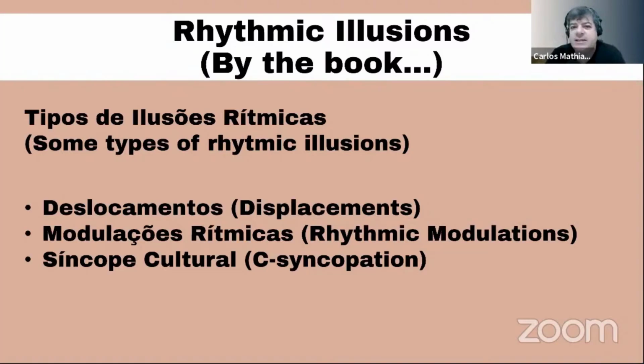There is a third type of rhythmic illusion that I'm bringing to the table today that I call C syncopation. So I'm going to show some brief and quick examples of each type of rhythmic illusion.